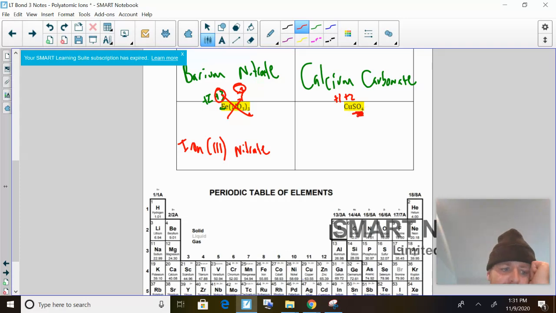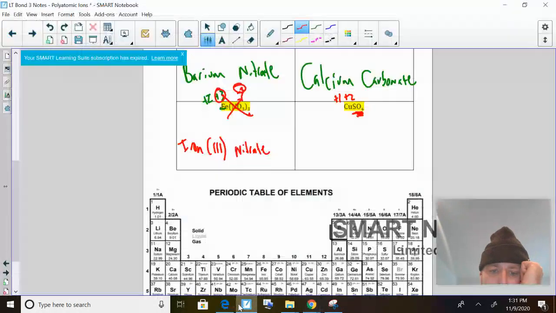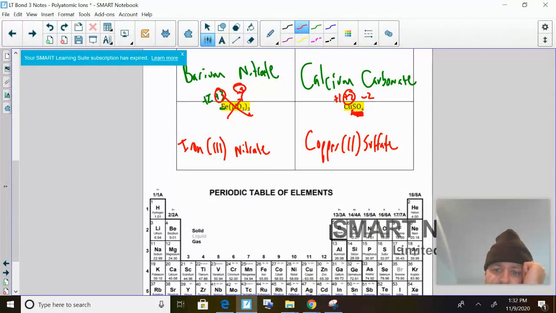Sulfate on the backside of my periodic table is -2. Okay. Well, since this whole thing is -2, which one does copper have to be? Well, it has to be +2, because they cancel each other out. If it was +1, there would be a 2 there, but it's not. It's just copper. So we write it out. Copper 2 sulfate. Alrighty.